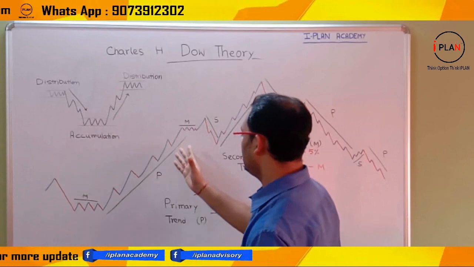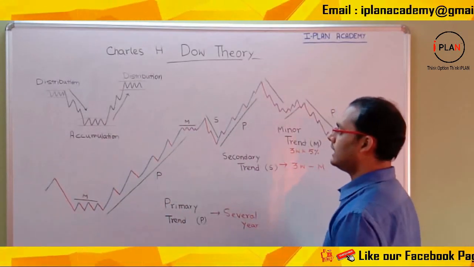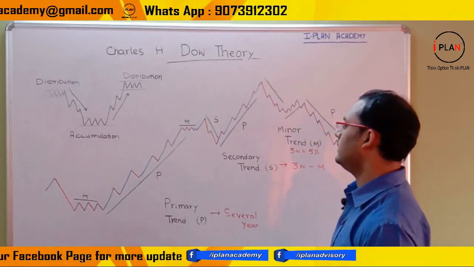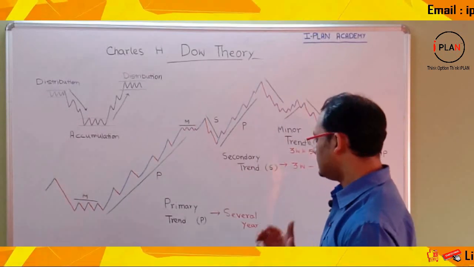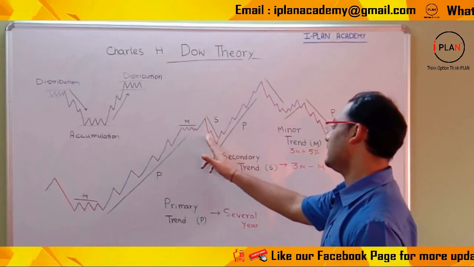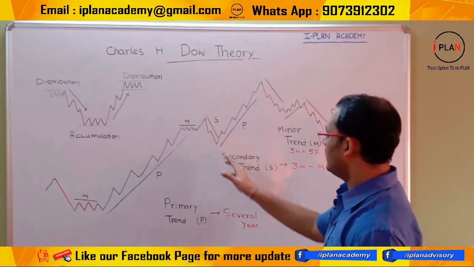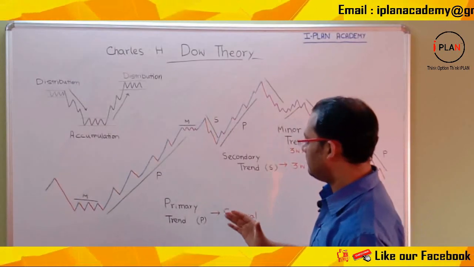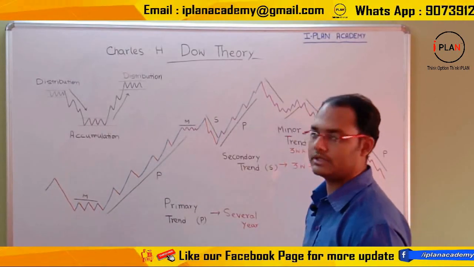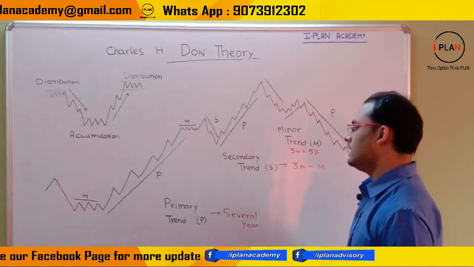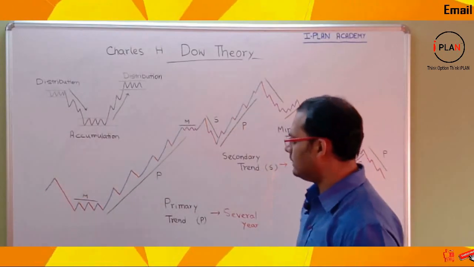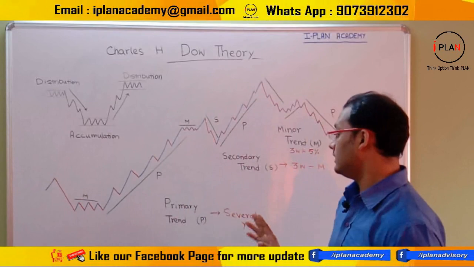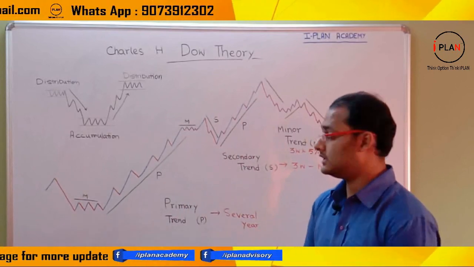When price moves with higher top, higher bottom toward the upside, after reaching a certain price area there is profit booking, and due to this profit booking, price makes lower top, lower bottom and creates a short term downtrend, which is basically 30% or 50% of the previous primary trend. If the secondary trend moves more than 30 or 50%, then this trend is not a secondary trend. This is basically a reversal.